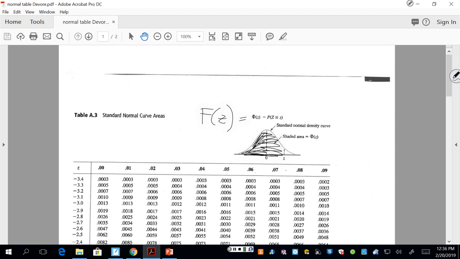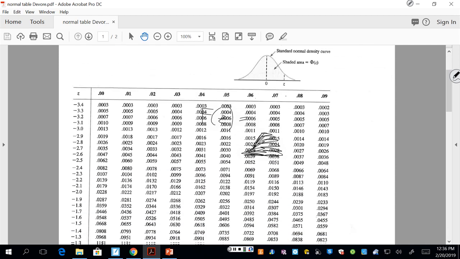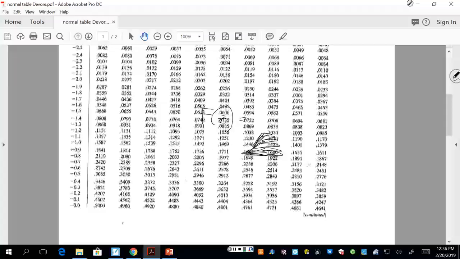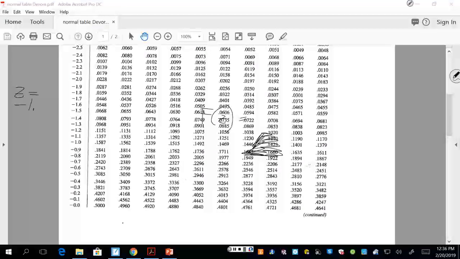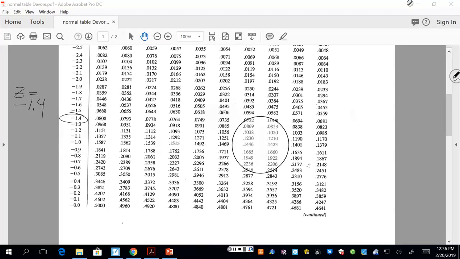The number we're interested in is a Z value of negative 1.4. Here's the 1.4 part over here, and it's really 1.40 to two decimal places.